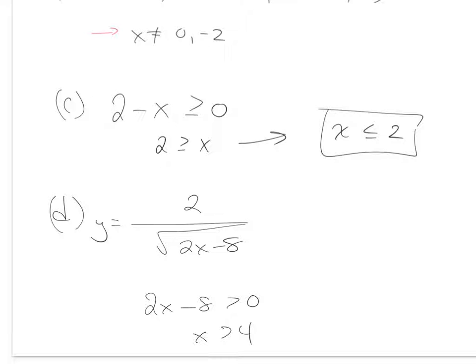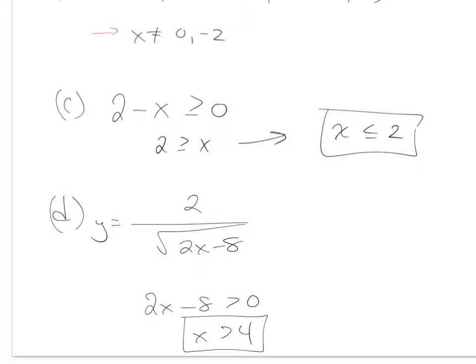So yeah, 4 doesn't work. If you plug 4 in, you're going to get 0. But anything greater than 4 will work. Try 5, you get 2 under the radical. Try 6, you get 4, etc. So take whatever you have here and set it greater than 0. This is your domain for this function.